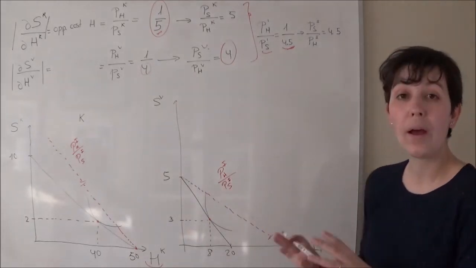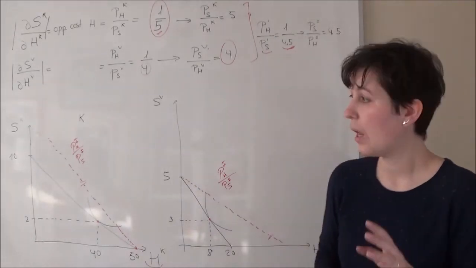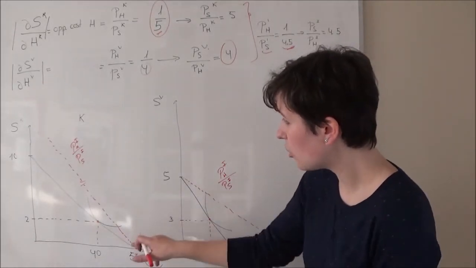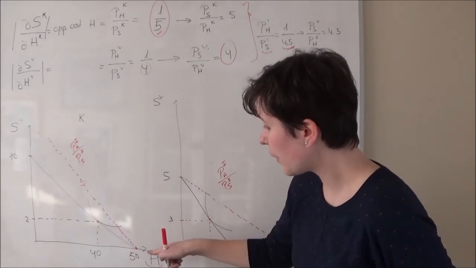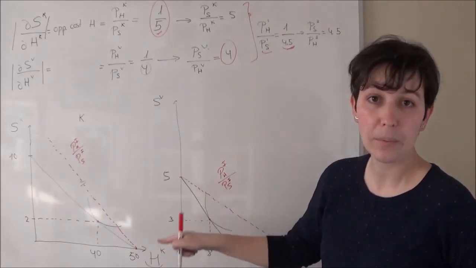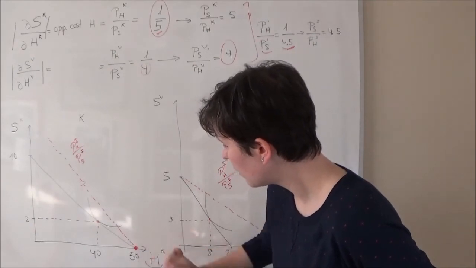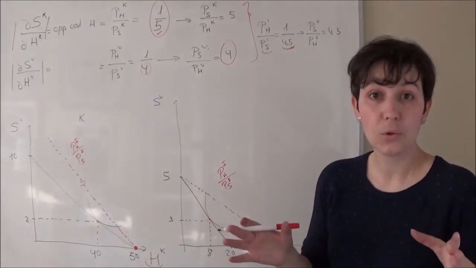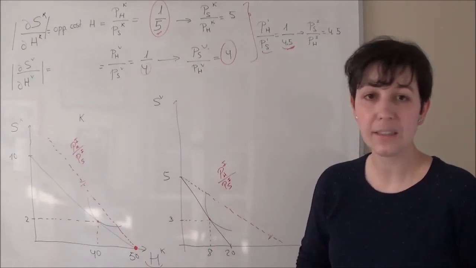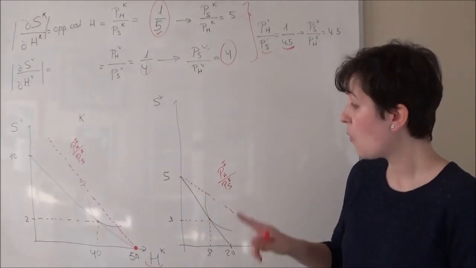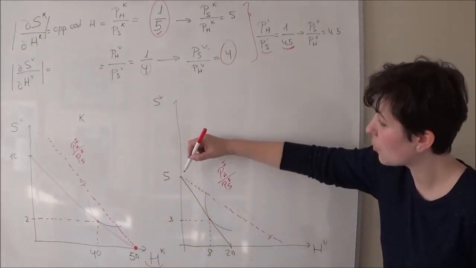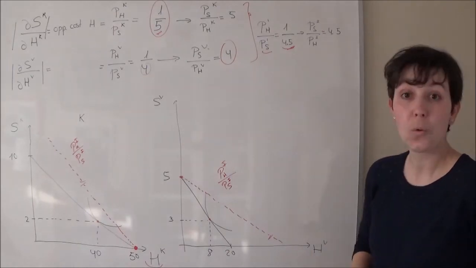From here we have just the first conclusion, and that is that this economy, which is the economy with a comparative advantage in the production of helmets, when it opens its barriers to trade, is going to specialize in the production of helmets, while the other economy is going to produce just swords.